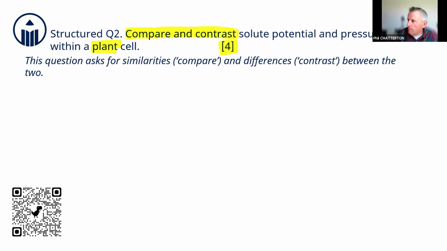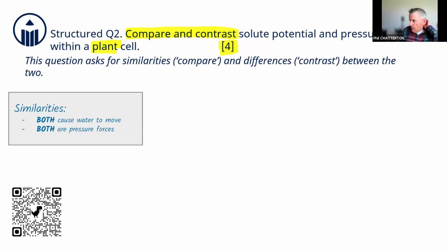So let's have a look at this one. Right, well, similarities. Both of these aspects of water potential cause water to move. And they cause pressure forces. So if you draw a comparison between the two, you could say either of those two as being a similarity.